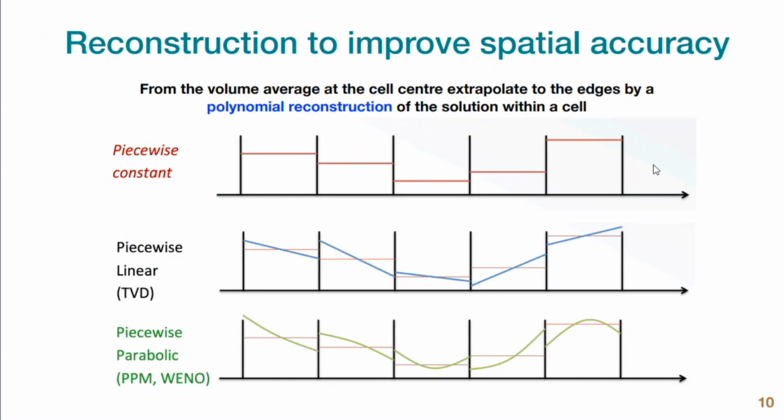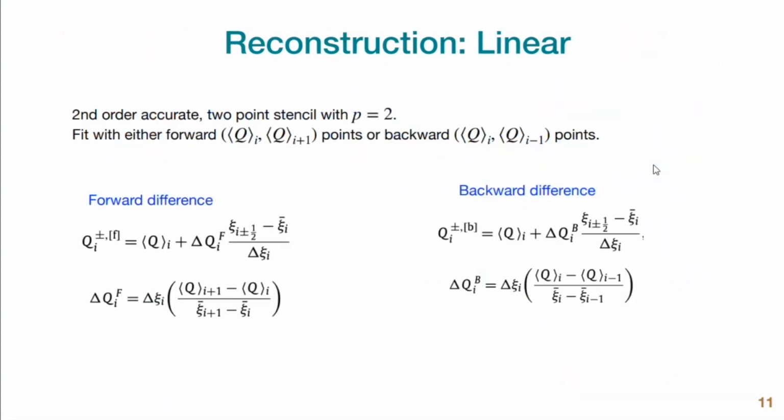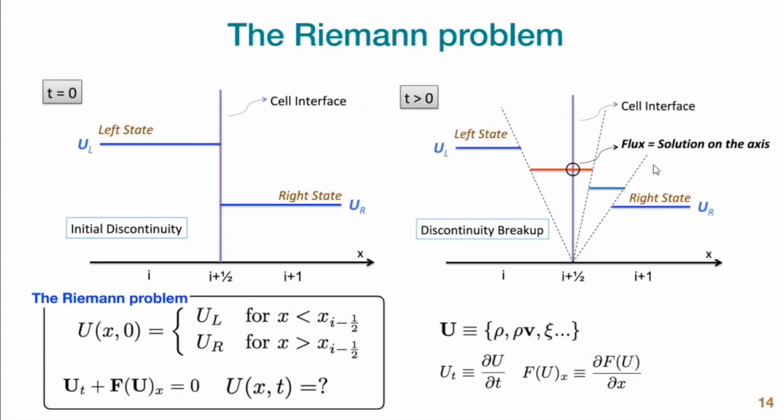You have a value here, and as you take the limit towards this edge, what is the value here? It's not that this is piecewise constant all through. I have drawn this as an initial state, but it could be like this, approaching here, and this approaching like this. It is the limit. Whatever distribution of u is on the left-hand side, in the limit as x goes to i plus half, what is the value?